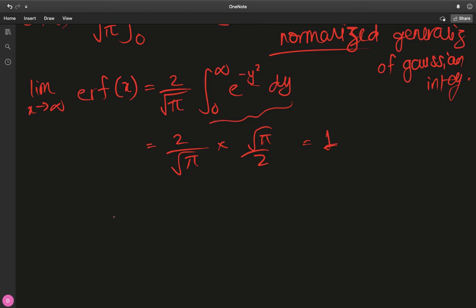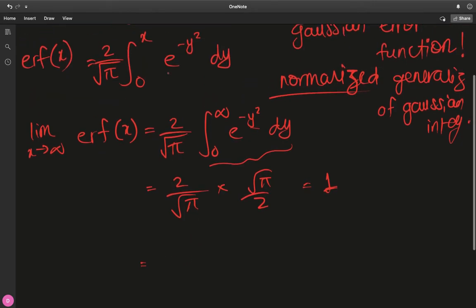So in that case, let's extend this out. Integral from 0 to infinity, well, let's take a certain value x, like the generalized version of it.